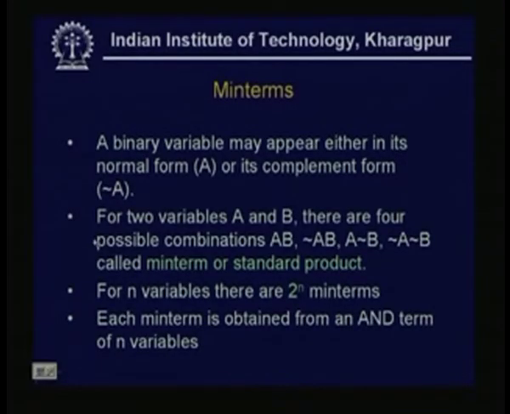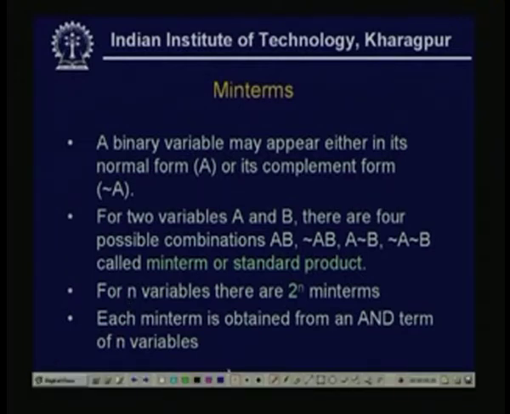So, this is written in the second point, that for two variables A and B, there are four possible combinations: AB, A bar B, A B bar, A bar B bar.